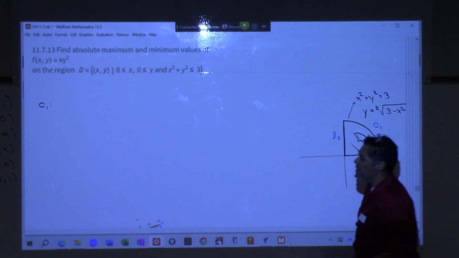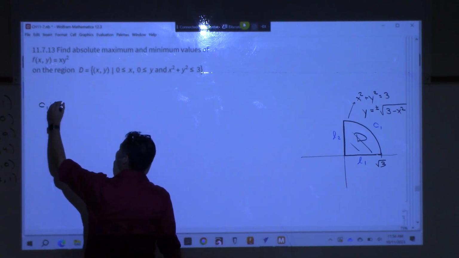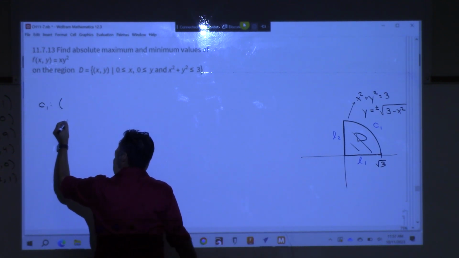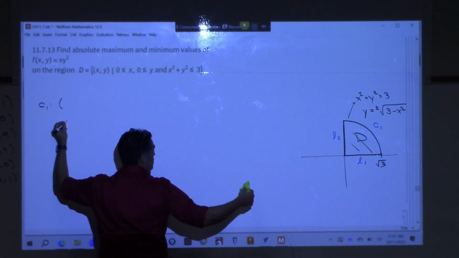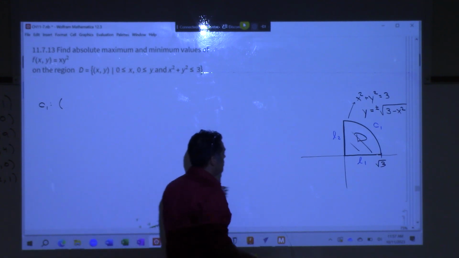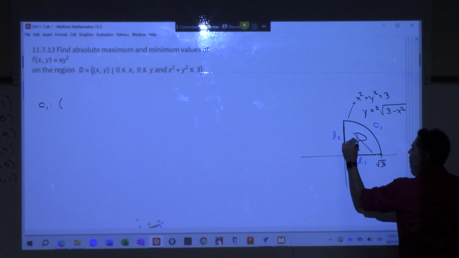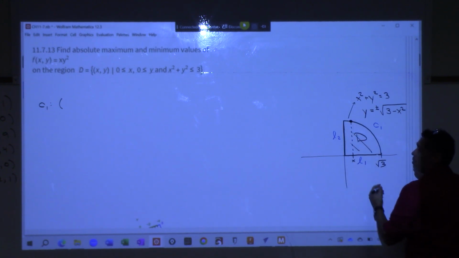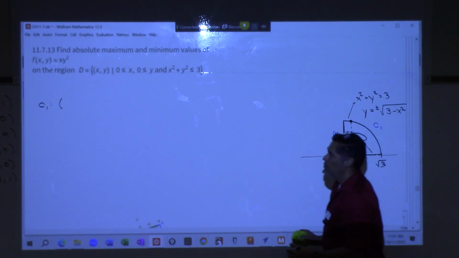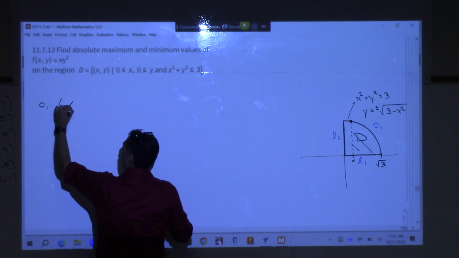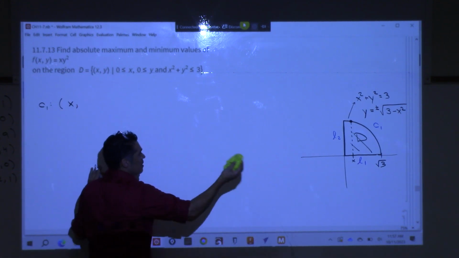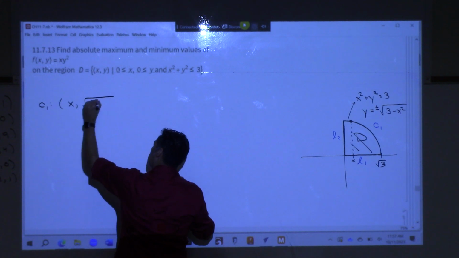So what does every point on that curve C1 look like? The x is what? What's the x coordinate? So if I pick a point here, call it x, then the x coordinate is x, right? It's whatever x is. And what's the y coordinate? Square root of 3 minus x squared, right?